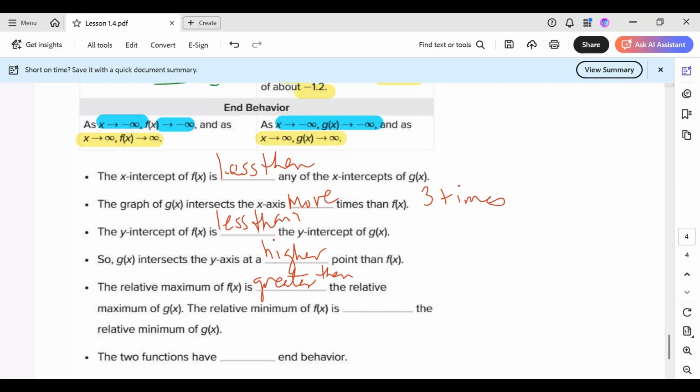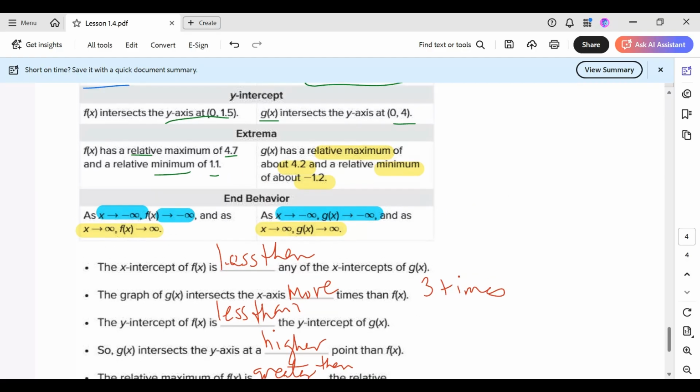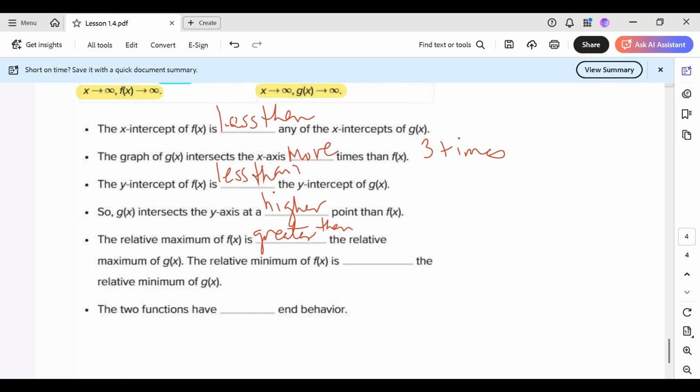The relative min of f of x, when we look at our min, f of x relative min is at 1.1, g of x is at negative 1.2, so 1.1 is greater, so the relative min of f of x is greater than the relative min of g of x. And then we notice that the two functions have the same end behavior.